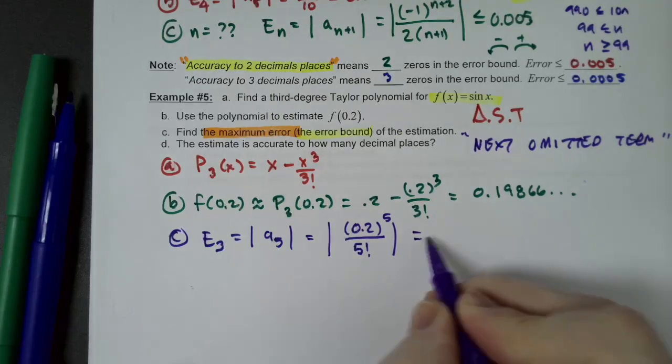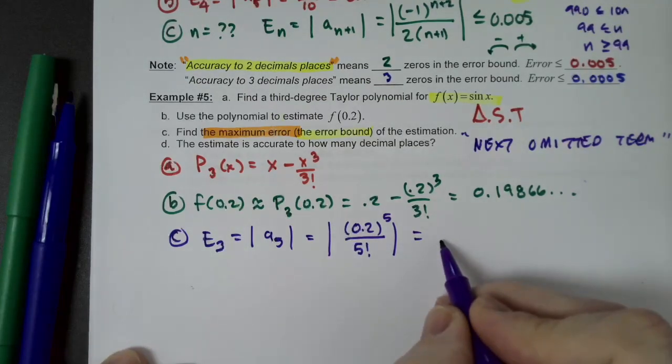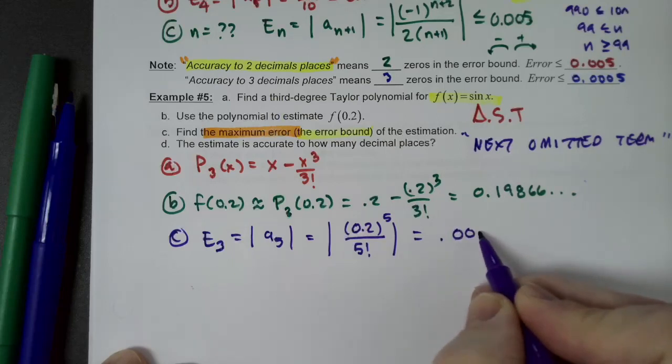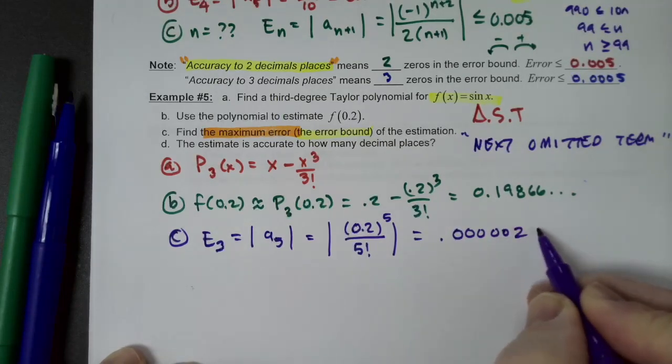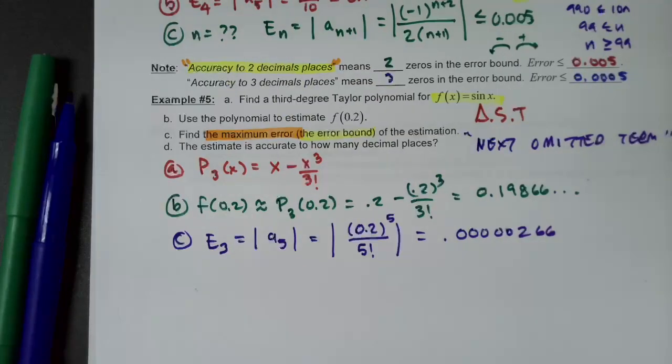Those of you who were able to put that in your calculator would see that this is 0.00000, I think I got that right, 266. That's not too shabby.